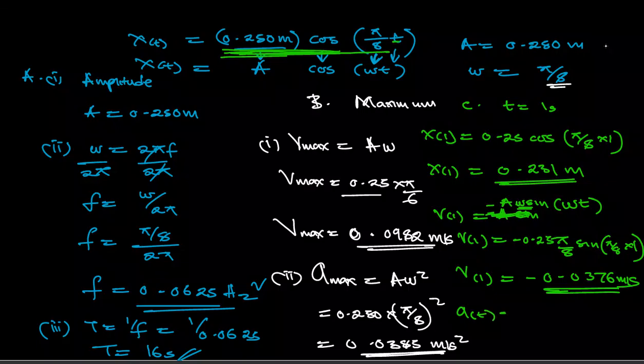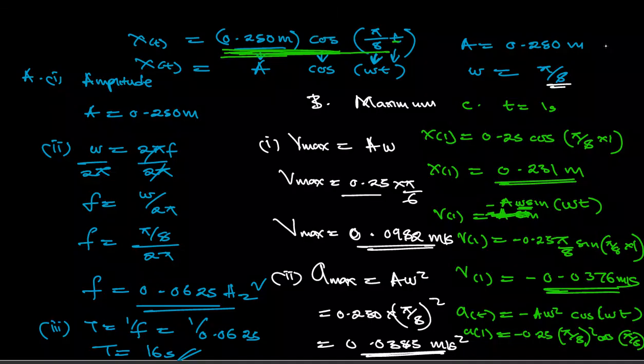How about the acceleration? Acceleration as a function of time is negative A omega squared then cos omega t. So I just replace time is 1, so amplitude is negative 0.25, angular frequency pi over 8 squared, then cosine pi over 8.